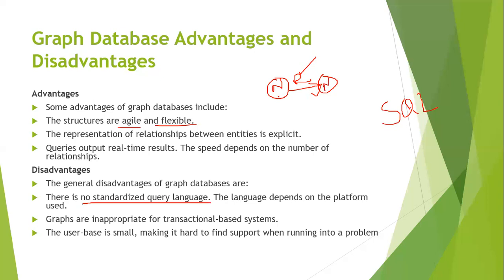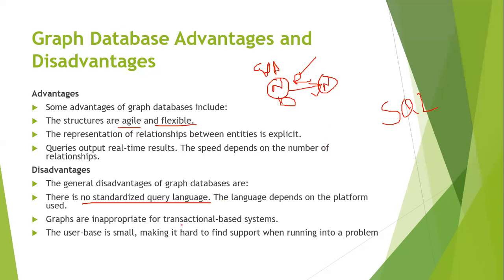If you want to retrieve the data from these nodes, there is no specific language. That means in order to interact with the graph database, there is no language. If you want to interact with other persons, you need one language. Similarly, if you want to interact with a graph database, you need one language. But there is no specific standardized language to perform operations on the graph database.